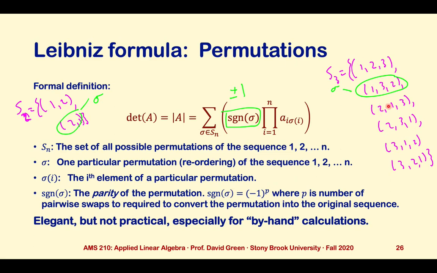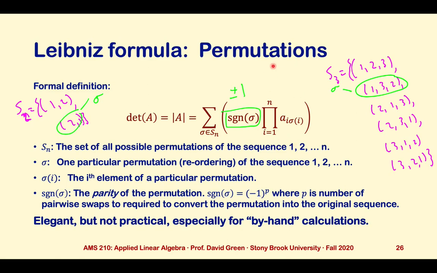The sequence 2, 3, 1, in order to return this to the original sequence, we can swap 1 and 2, and then we would have to swap 2 and 3. 2 swaps gives us a parity of 1 again. This just gives the sign of the term.